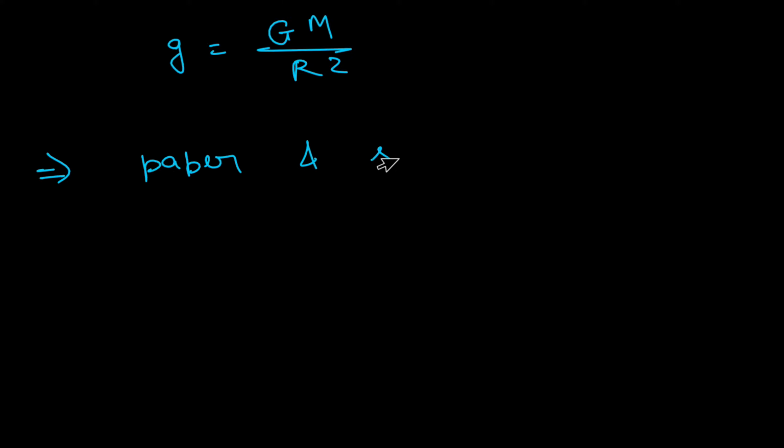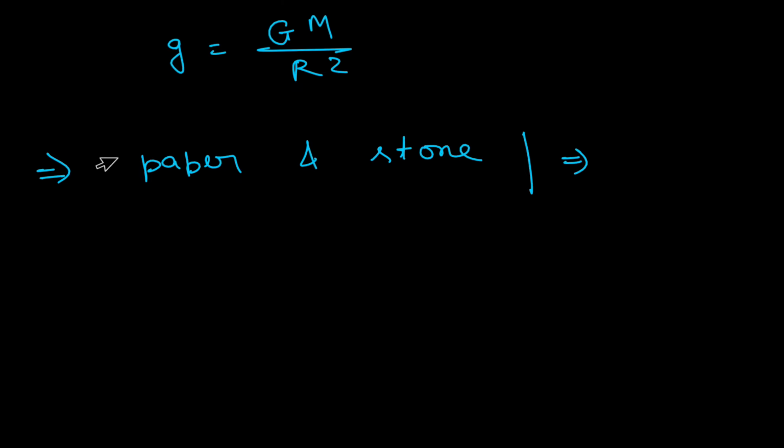As you can see, g is equal to GM by r square. So acceleration due to gravity is independent of the mass of the body and only depends on the mass of Earth. This means that if we drop a paper and a stone, both will have the same acceleration due to gravity, implying that both will accelerate at the same rate towards Earth.